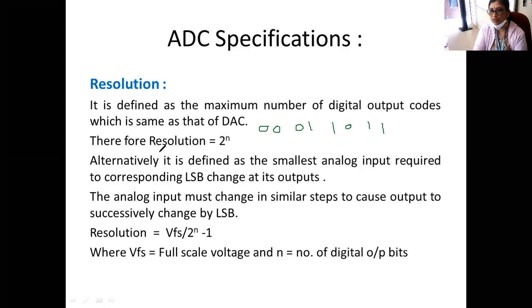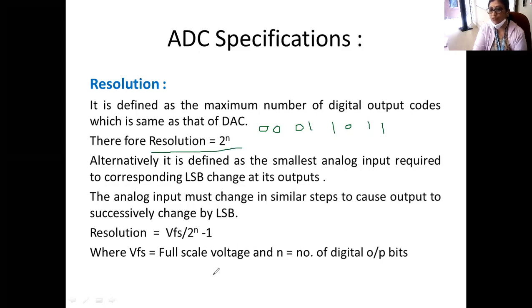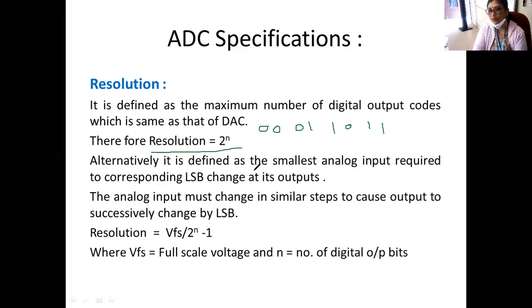So this is the resolution of analog to digital converter. In another way also we can define the resolution of analog to digital converter, and it is defined as the smallest input required to produce one LSB change. What is the smallest output change that will happen in analog to digital converter? It will be 1 LSB.